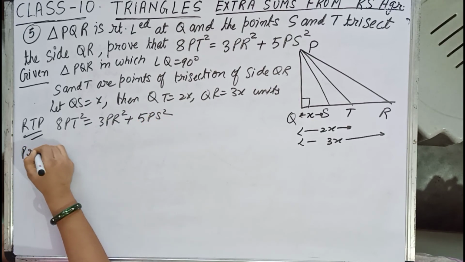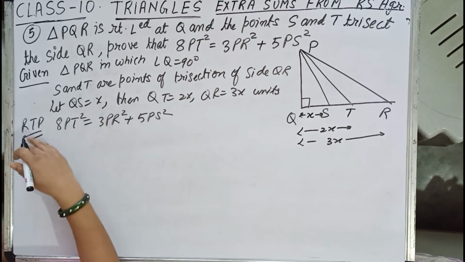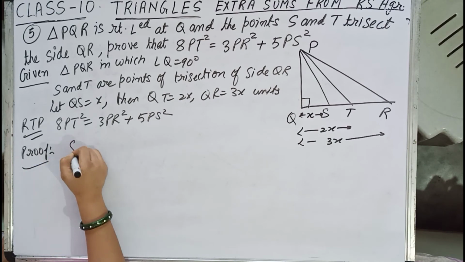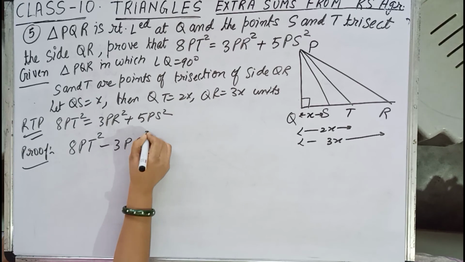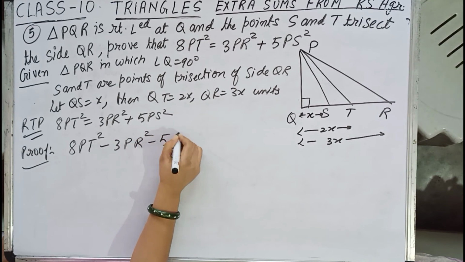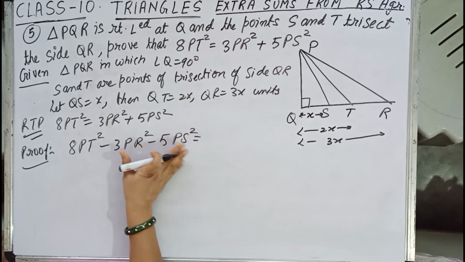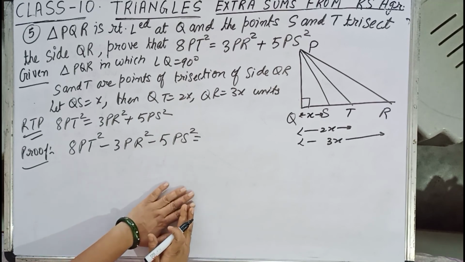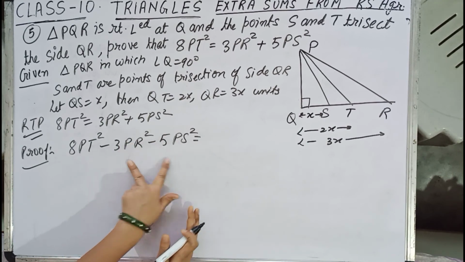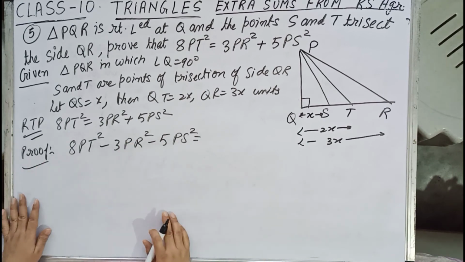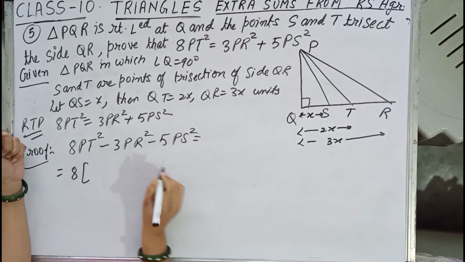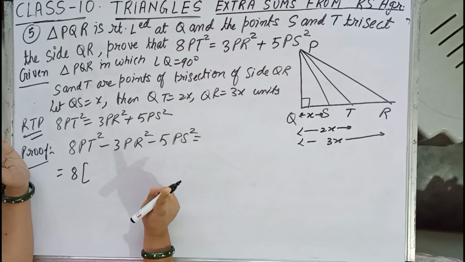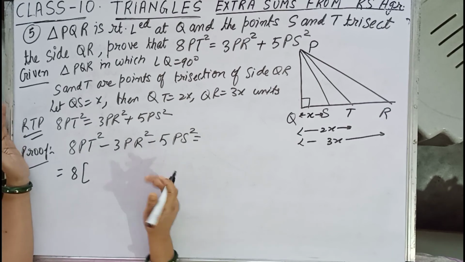In the proof part, what you do, children, all things you bring to the left hand side. 8 PT square minus 3 PR square minus 5 PS square equals, let us solve this. This we prove as 0. Then these two terms we will bring to the right hand side and hence proved. Now let us find a right angle triangle in which PT is a part.